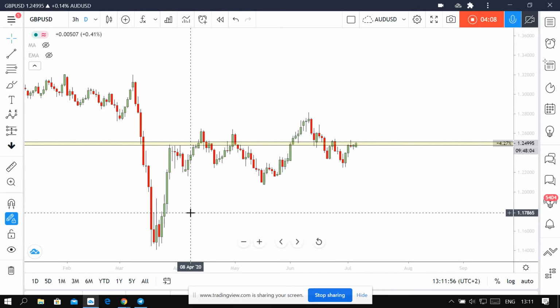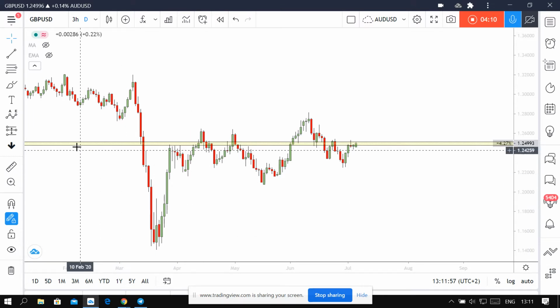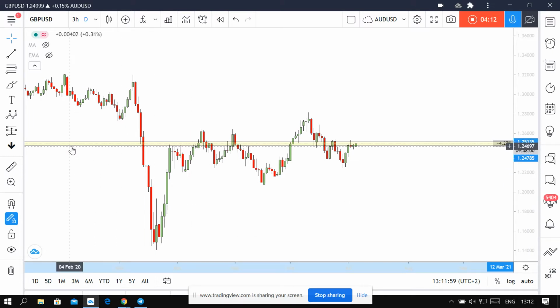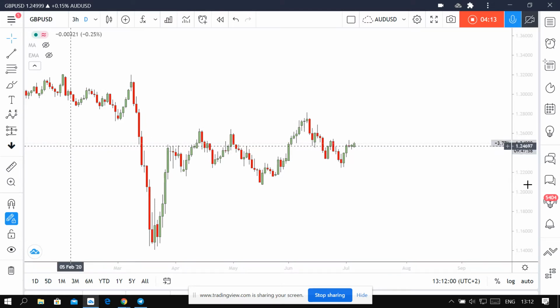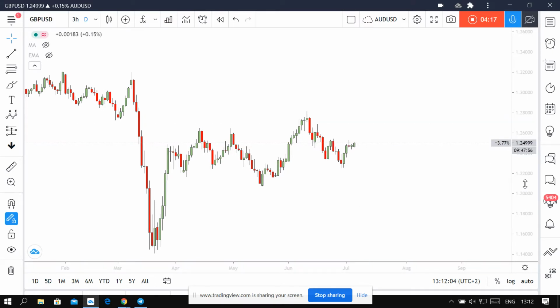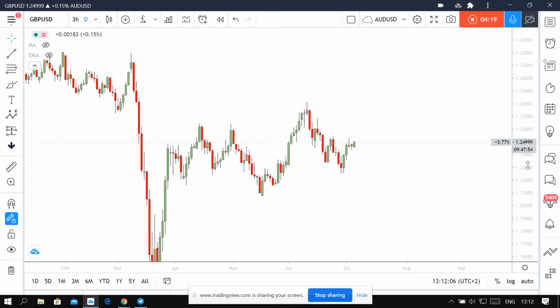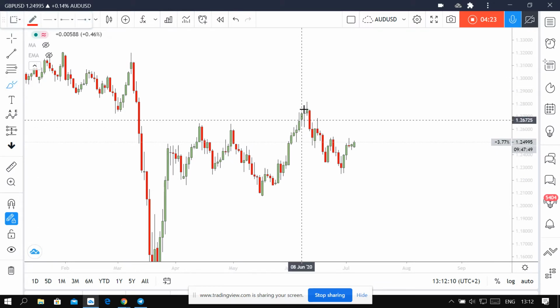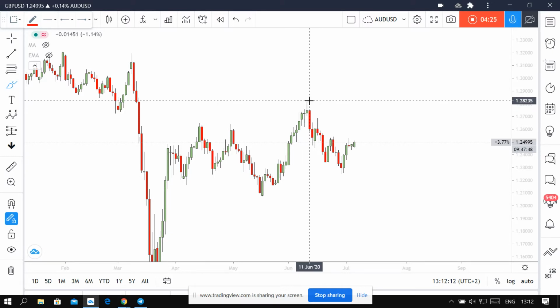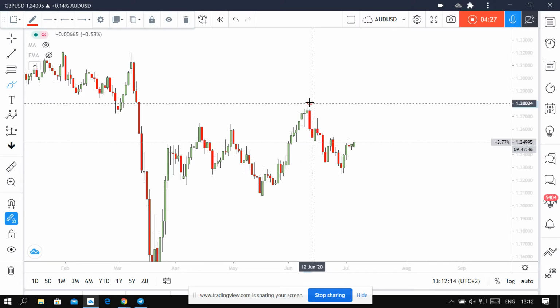Now if I just take it down a time frame, let's look at the daily time frame. I'll just remove this highlighted area here. What you can see on the daily time frame, if you're looking in terms of your Elliott wave count, is that you had this swing high here.